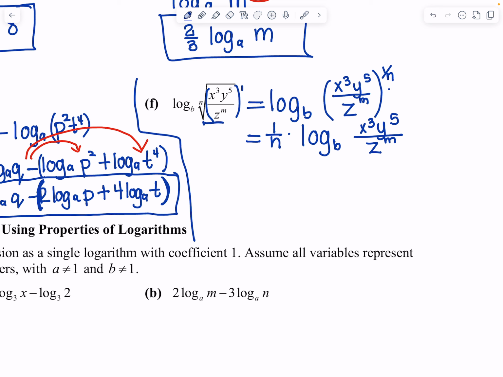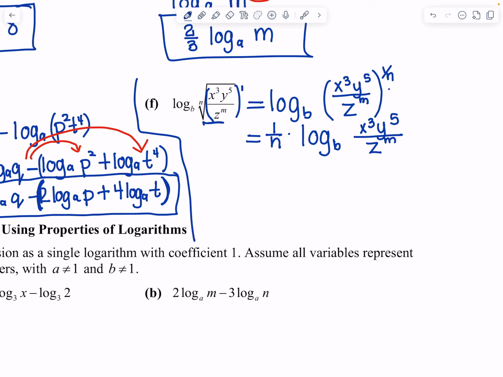Now, 1 over n, we took care of that power. Now you all should see right here what I have to do. You have division. That's the first thing you need to break down. Separate top and bottom. Let's do that. But when you separate this, 1 over n is on the outside, so this all has to be in parentheses.